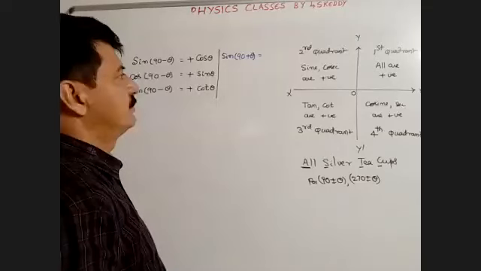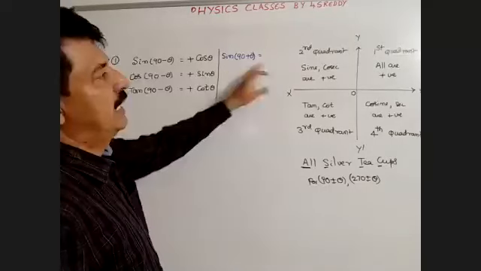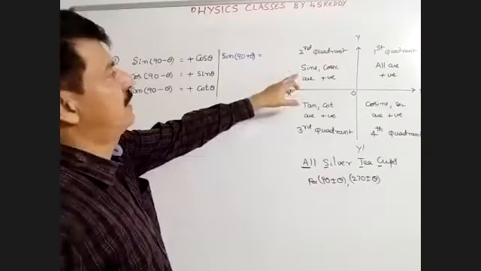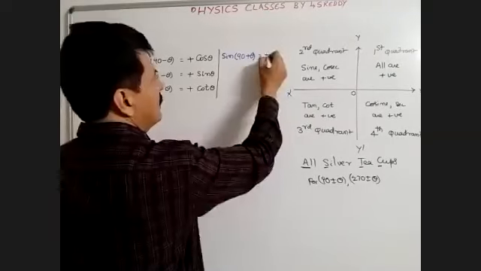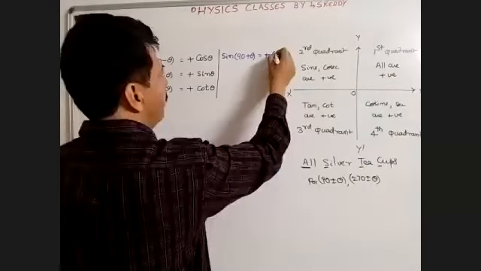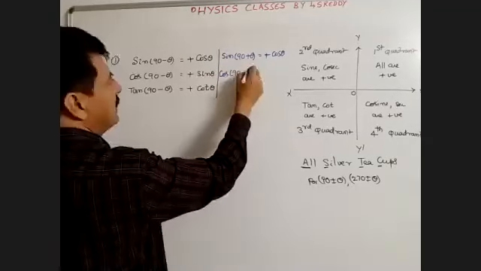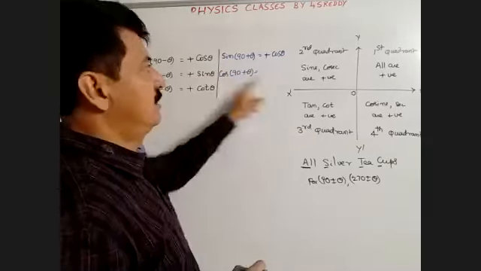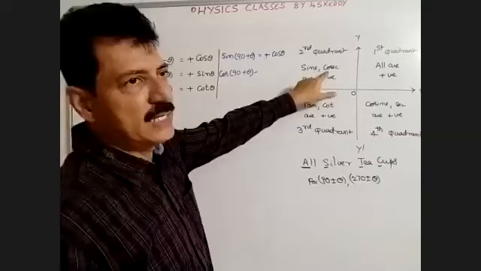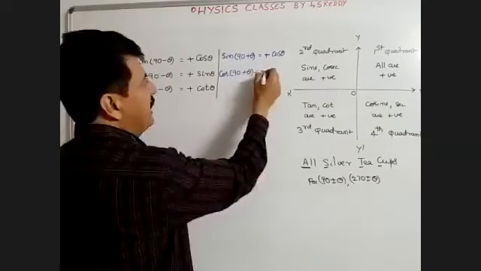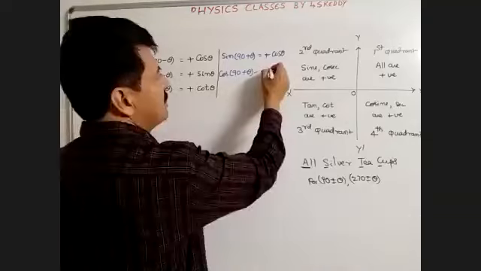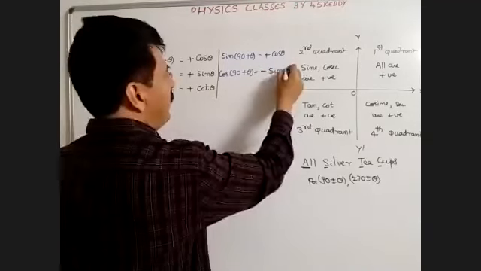Tell me. 90 plus theta, first quadrant, second quadrant, sine positive, plus cos theta. Now cos of 90 plus theta. Cos. In the second one, only sine and cosecant are positive. So for cos, it should be taken as negative. But cos changes to sine.